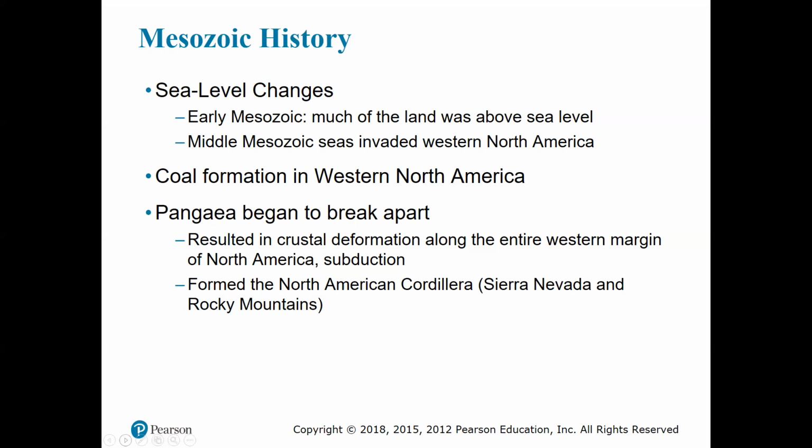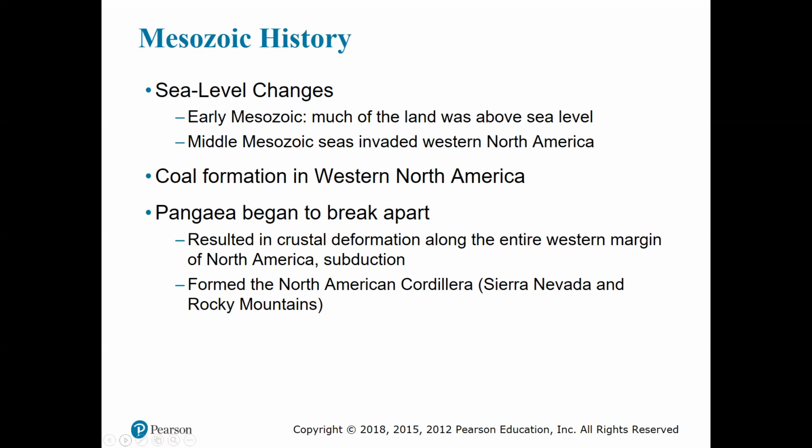And then we have the breakup of Pangaea. We got the split between North America and Africa, and this led to the creation of the Atlantic Ocean. And then this resulted in crustal deformation along the entire western margin of North America, and subduction occurred as the North American plate and the Pacific plate were interacting with one another.